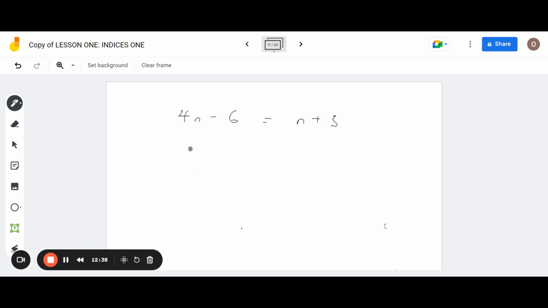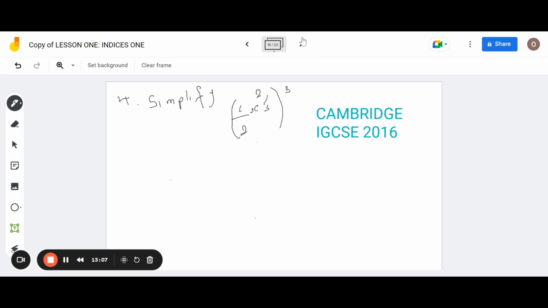In this case, we have 4n minus n equals, this 6 going to the other side becomes positive, 6 plus 3. So we have 3n equals 9, therefore n equals 9 over 3, and that is equal to 3. So our n equals 3. That's the answer. Now let's consider the next question.